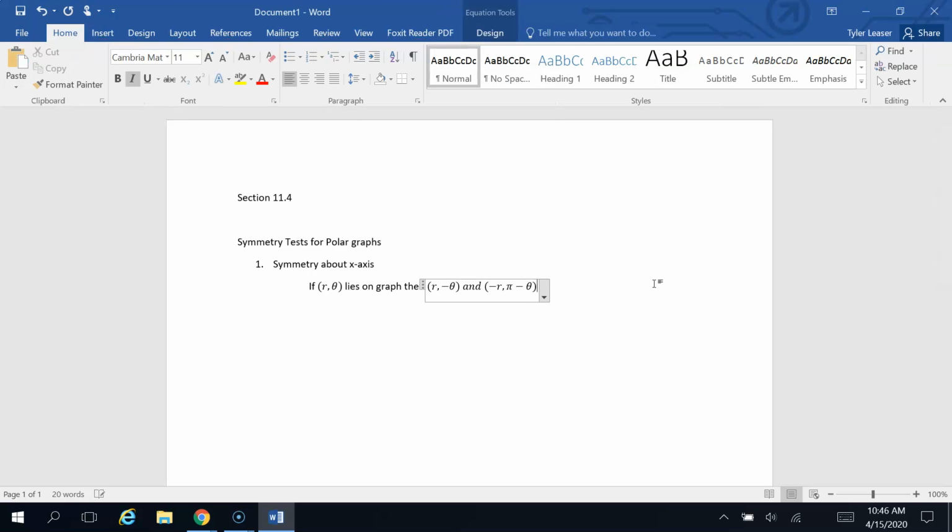Okay, so if you have some generic point (r, θ) that is on the graph, then (r, −θ) and (−r, π − θ) also have to be on the graph.